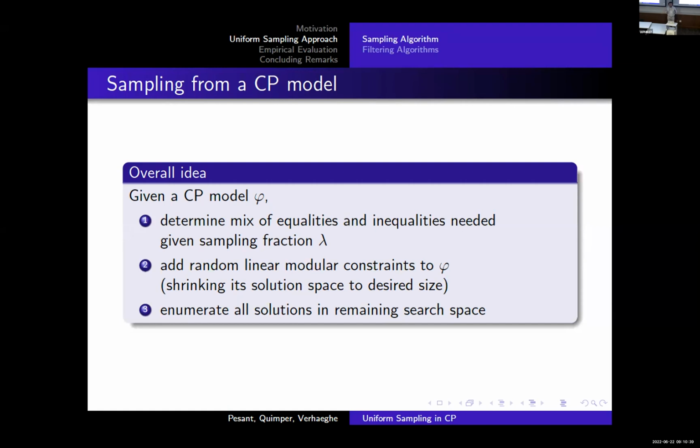That shrinks its solution space to the desired size. It's not just shrinking the search space, it's the solution space also, by the same fraction in probability. And then you just enumerate all solutions in your remaining cell. If you look at those intersections of planes as a cell in that subspace, you just enumerate the solutions, and that's your sample. Okay.